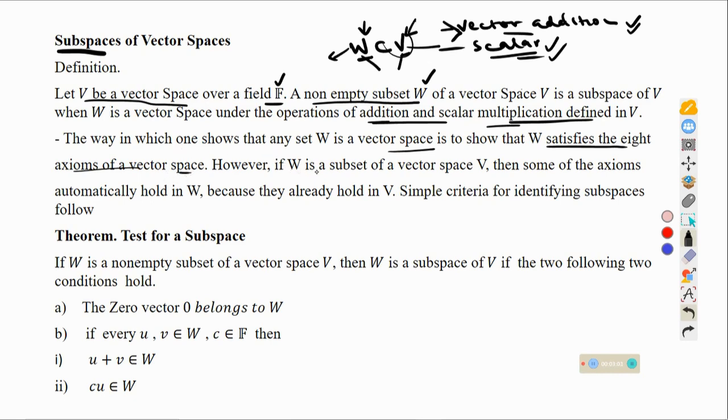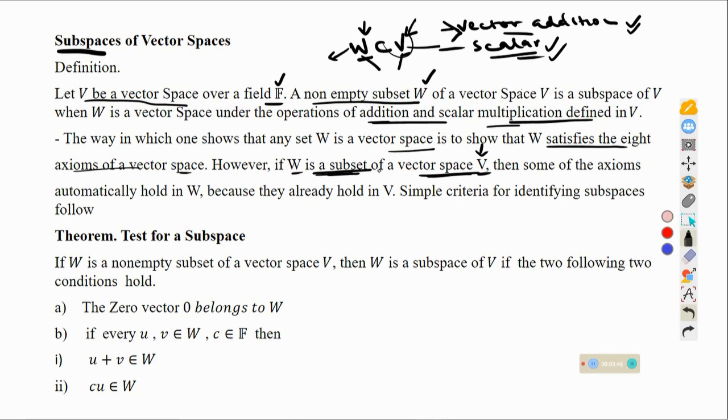However, because W is already a subset of a vector space V, some of the axioms automatically hold in W. So in order to show that W is a subspace, you only need to prove two conditions, that is, for vector addition and scalar multiplication.